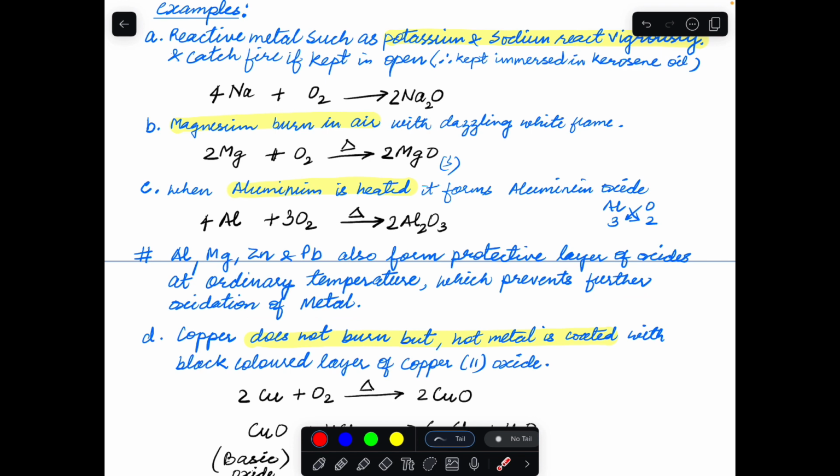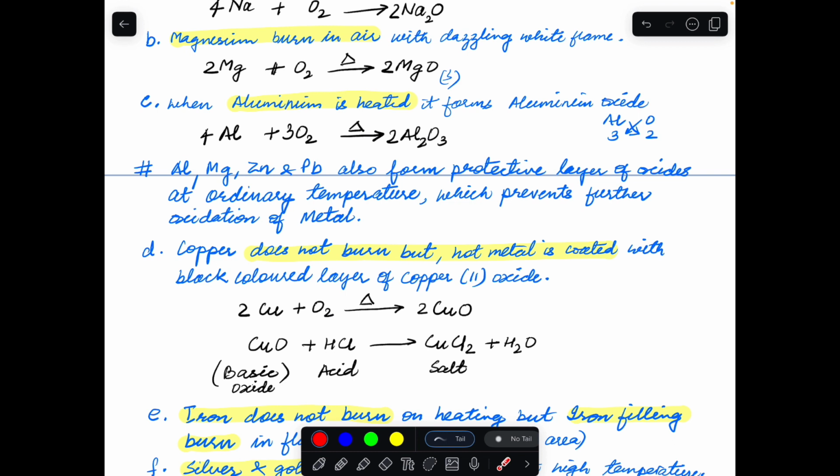You must have seen at home that utensils like saucepans used for cooking, when new, are very shiny with a silvery look, but when we use them for some time they look dull because of the formation of a protective layer of aluminium oxide. This prevents further oxidation of the metal. So in aluminium, slow formation of a protective layer also occurs, in addition to formation of aluminium oxide on heating.